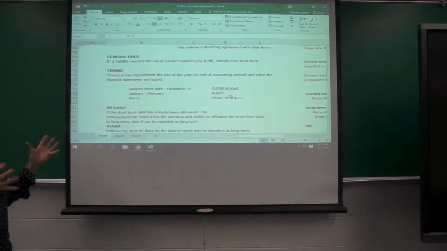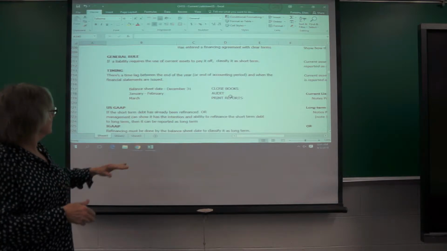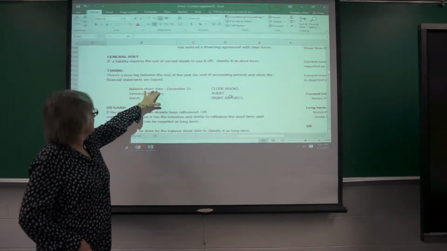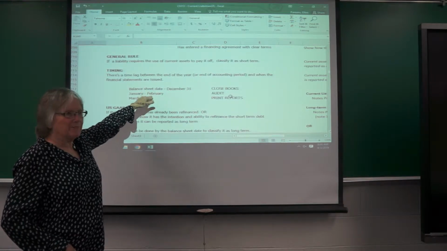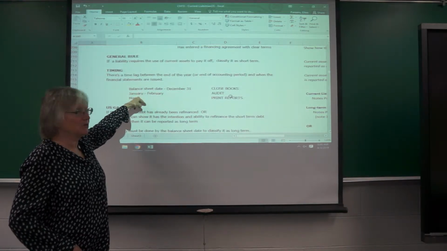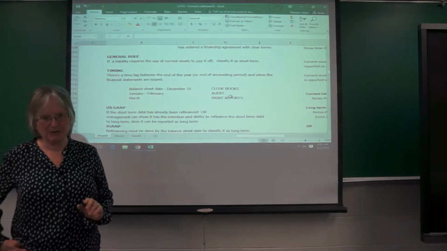So what we're talking about here is how we are going to classify things on this date, depending on what happens between then and when the financial statements come out.